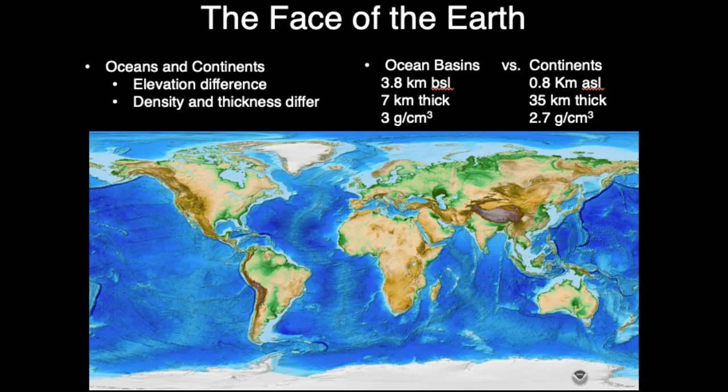So again, in this analogy, the water is going to be the mantle, the lighter cargo ship is going to be the continental crust, and the heavier cargo ship is going to be the oceanic crust. So the continental crust will flow easier on top of the mantle than the oceanic crust will, because it's a little bit heavier, a little bit denser.